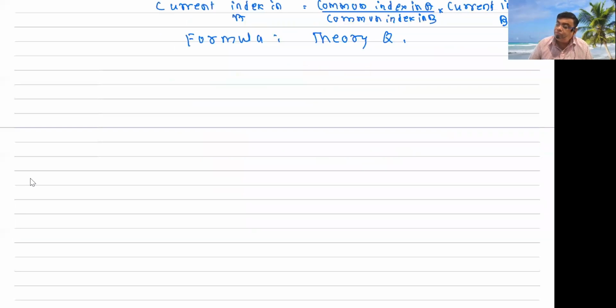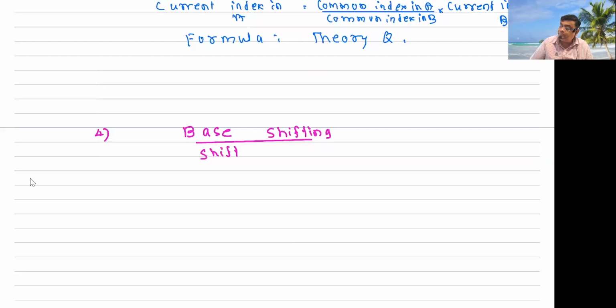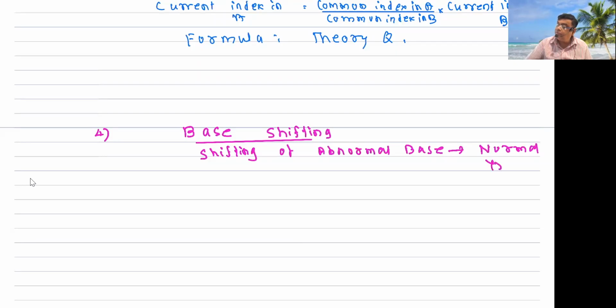Type number 4 is base shifting, that means shifting of the abnormal base to the normal base, to the normal year.